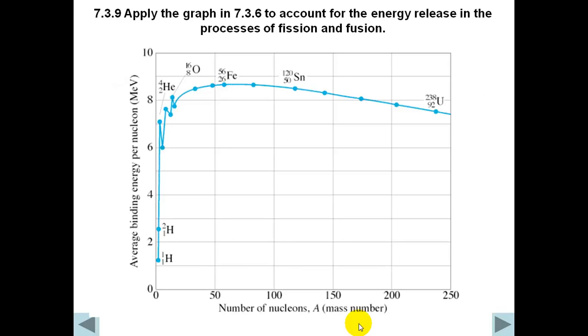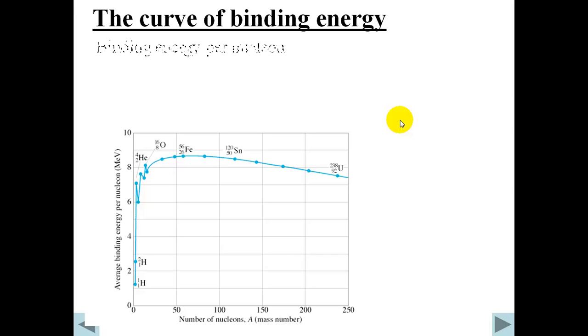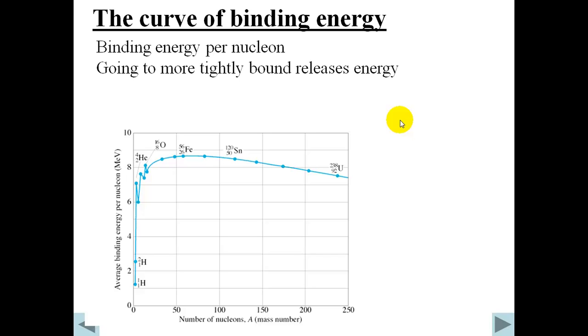So you have to describe this graph and use it to account for the processes of fission and fusion. Now, the greater the binding energy per nucleon, the more tightly bound the nucleus is, and the more energy it is able to release. Remember, fission is splitting nuclei.